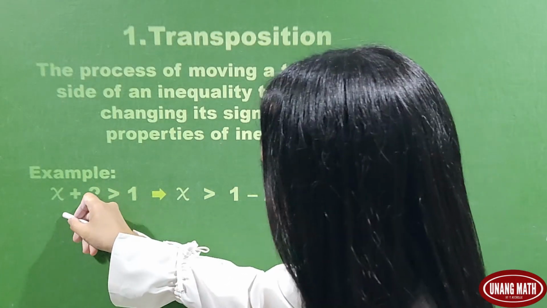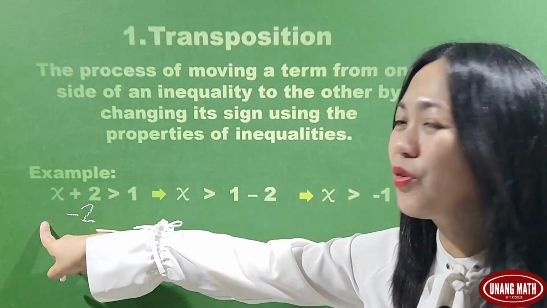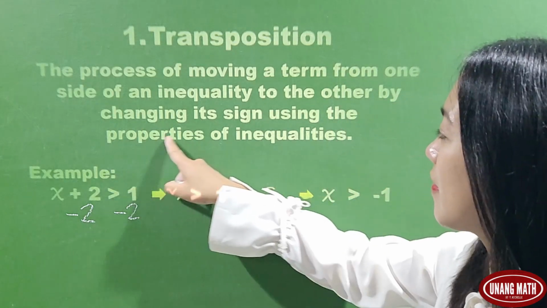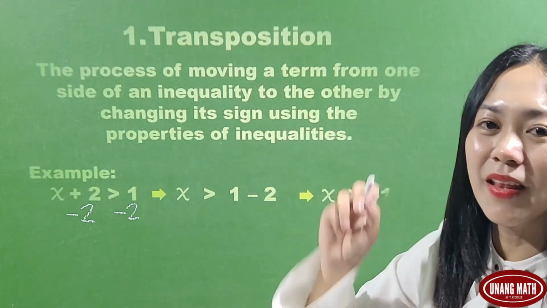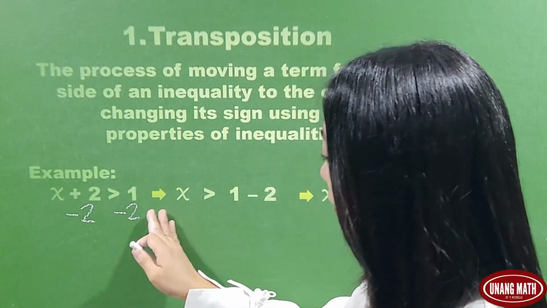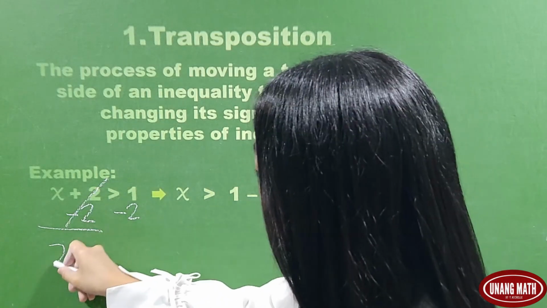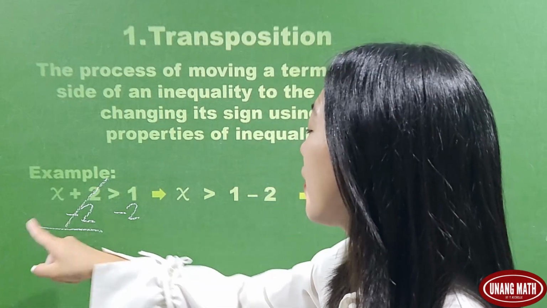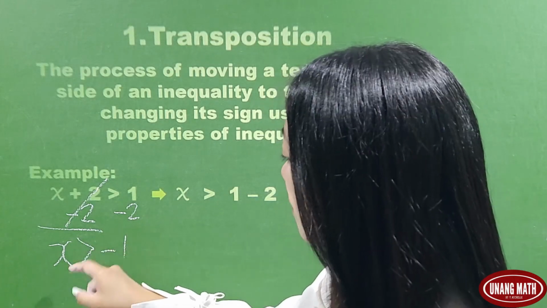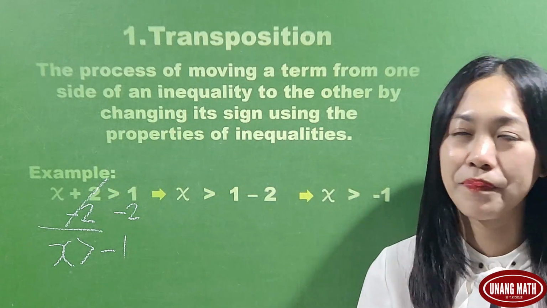To do that, subtract 2, and if we subtract 2 on the left side, do it also on the right side. That is the property of inequality. Whatever we do on the left side, do it also on the right side. So if we simplify, this will be canceled. We only have x on this side, and 1 minus 2 is negative 1. So x must be greater than negative 1 to make this inequality true.